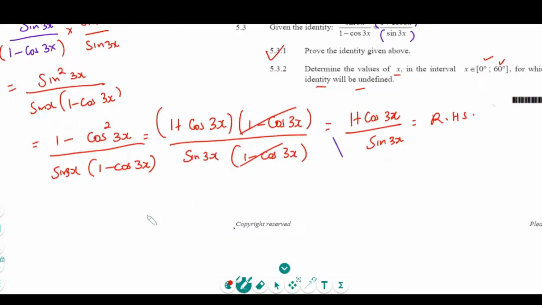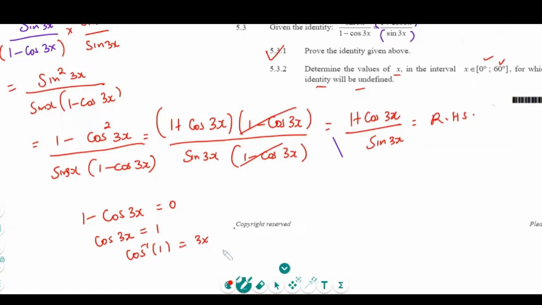With my left-hand side, I have 1 minus cos 3x. If I equate that to 0, I can move the cos 3x that side, I can move the 1, so that cos 3x is equal to 1. And then I'll have to find the arc cos of 1, which is equal to 3x.